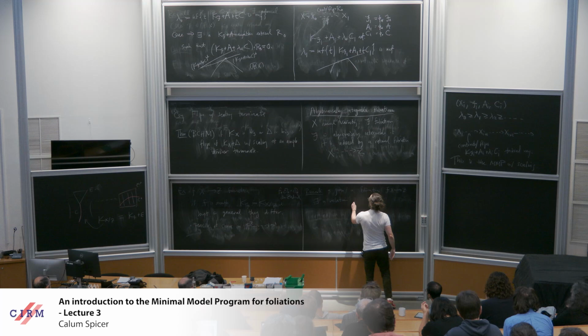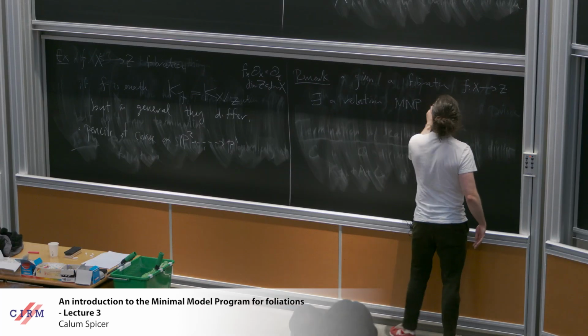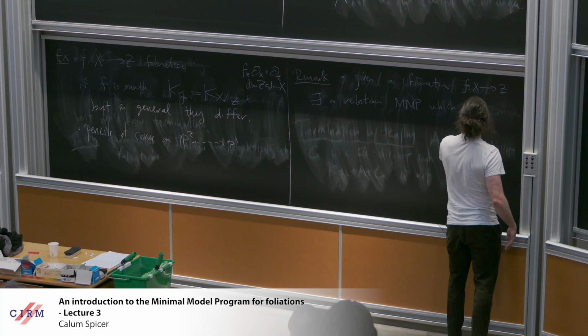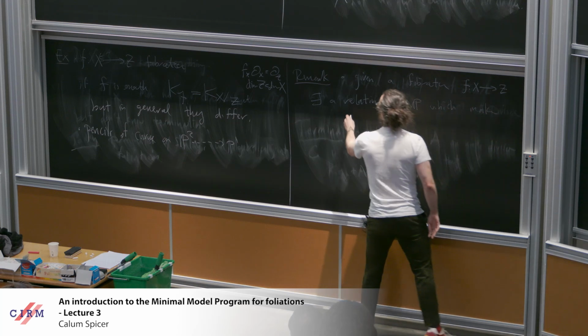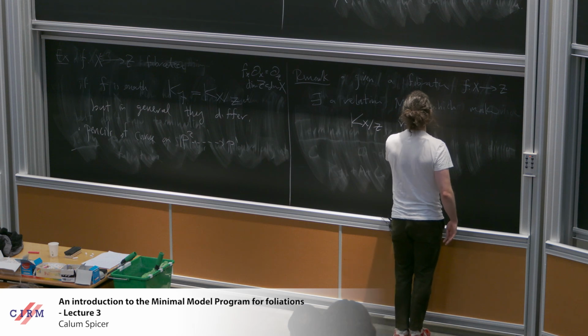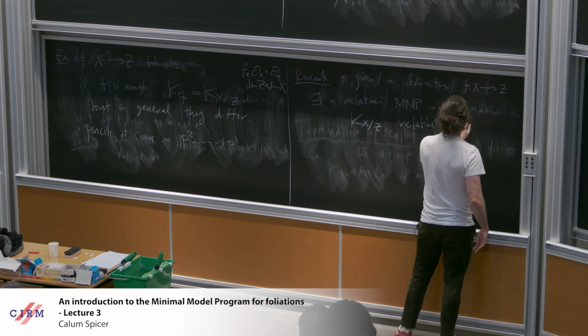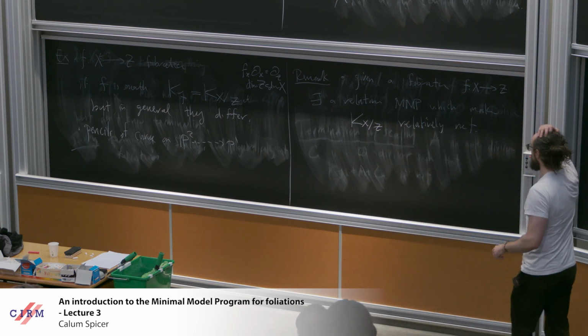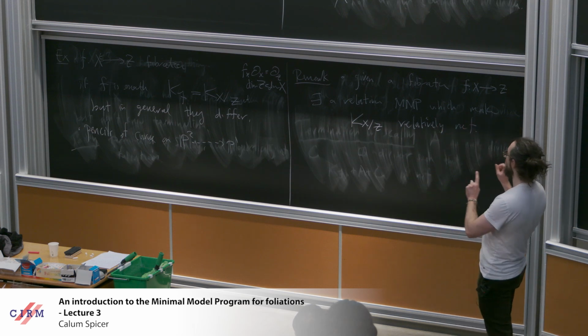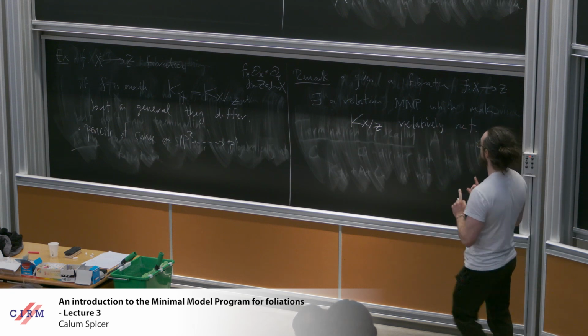So there exists a relative MMP, and the goal of the relative MMP is to make K_X over Z relatively nef. But in general, the foliated MMP will do something different.